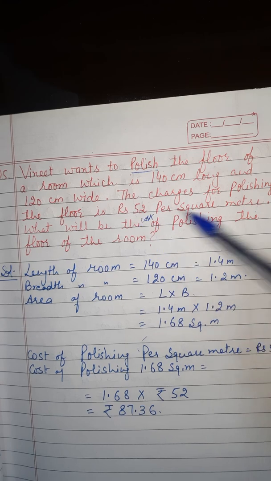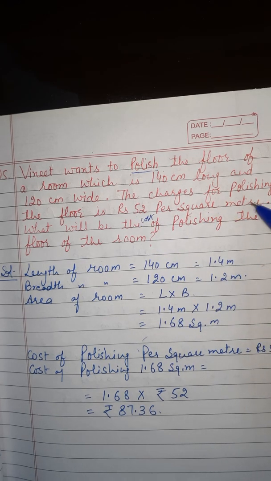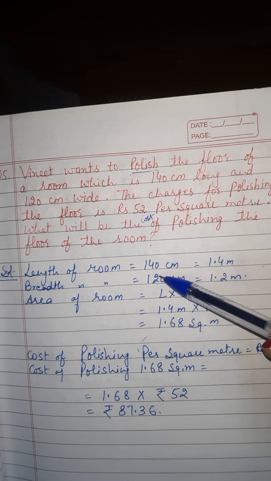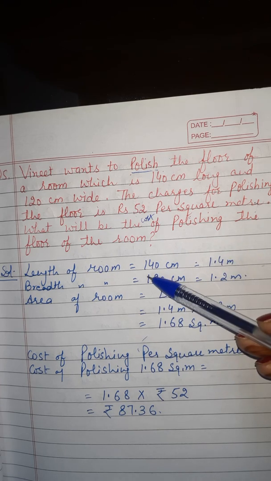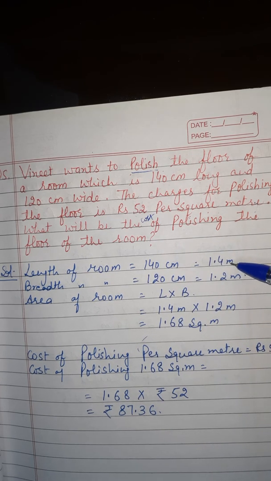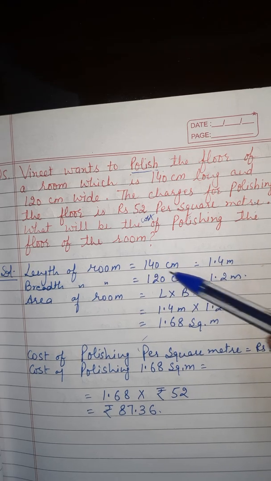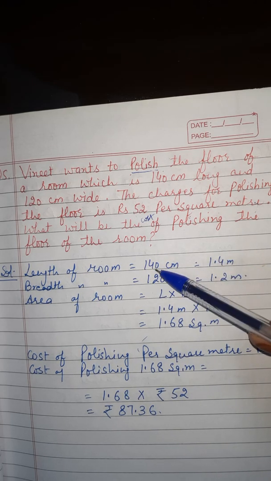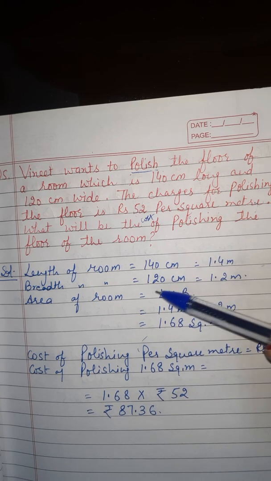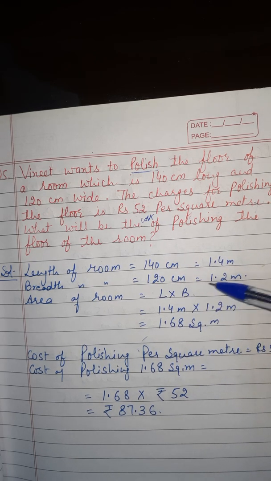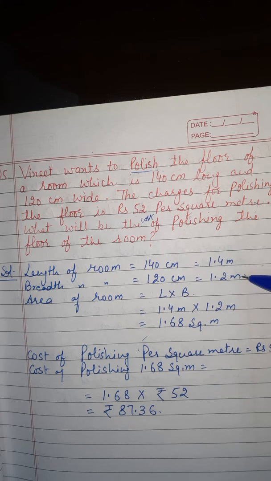Here the cost is given per square meter, so I am going to change the dimensions into the unit meter. To convert centimeter into meter, we will divide 140 by 100. So 140 divided by 100 is equal to 1.4 meter, and 120 divided by 100 is equal to 1.2 meter.